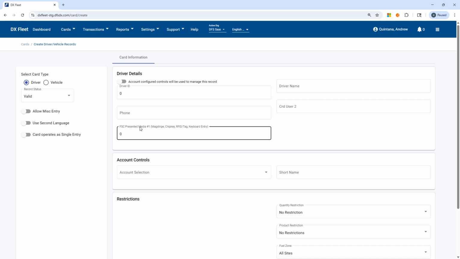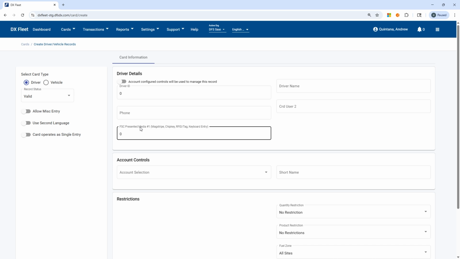We have chip keys, which is going to be a key that gets inserted. We have tags, so that's going to be like an RFID card reader that might read some sort of RFID tag or card that you have. And then we have keyboard entry. All of those various formats are going to be considered cards in DXFleet.